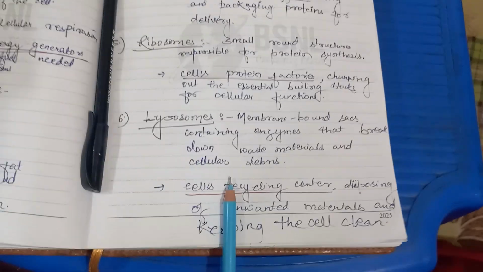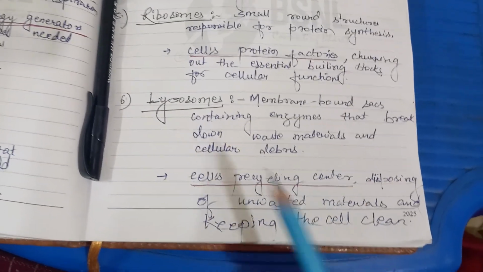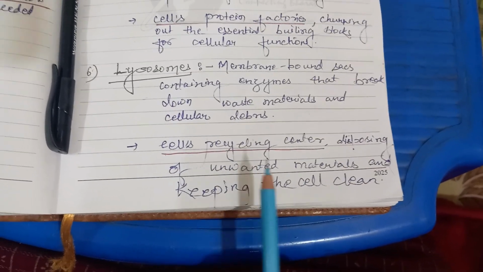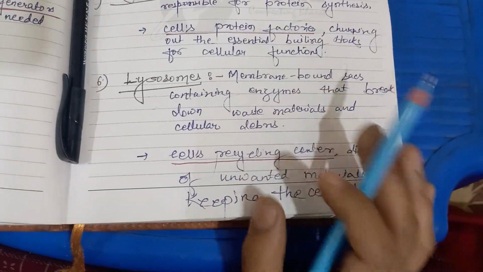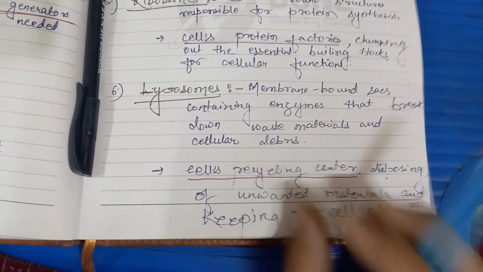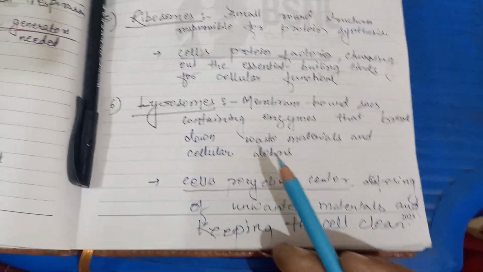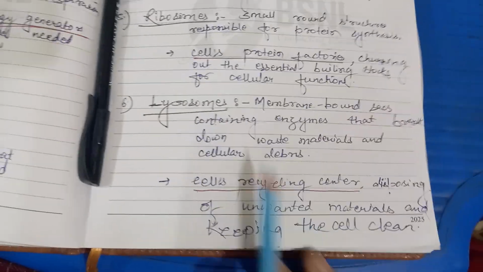Meaning if unwanted material is present in the cell, then it will break down that waste material or unwanted material, and the cellular debris that is not wanted. So it is like the recycling center, or you can say it is for the detoxification of the cell.